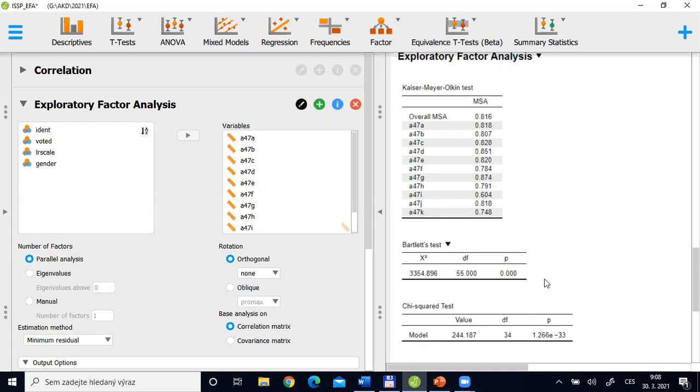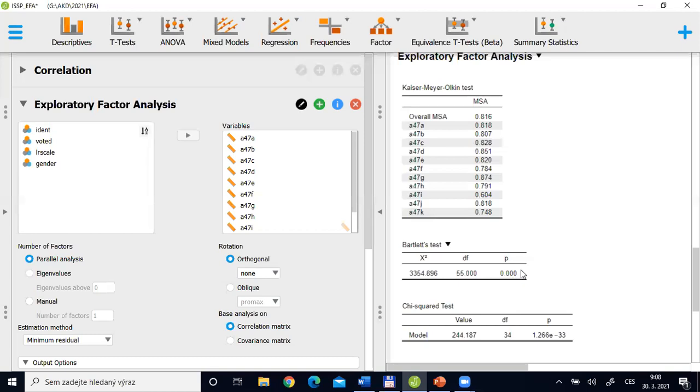One technical warning related to this Bartlett test. As it is a statistical test, it is sensitive to sample size. So if my sample size is bigger and bigger, going into 1,000, 10,000 and more, this Bartlett test would be statistically significant also for variables that are not closely related.